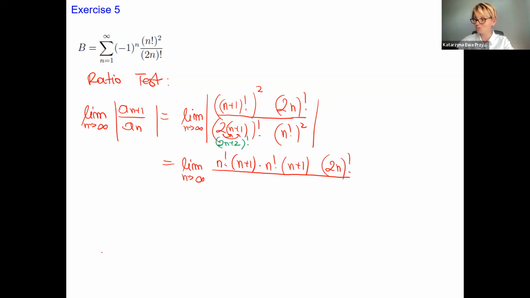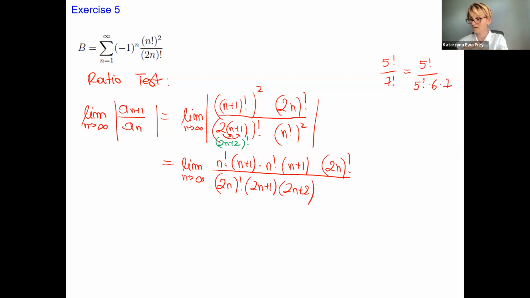Yes, 2n plus 2 is 2 more than 2n. Then I will say 2n factorial times 2n plus 1 times 2n plus 2. It's like 5 factorial and 7 factorial: we take the greater number and subtract 2, so 5 factorial times 6 times 7.